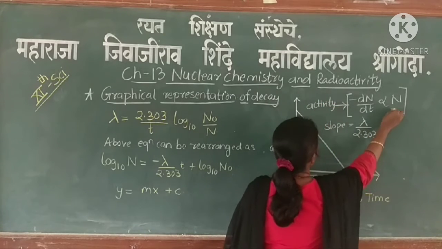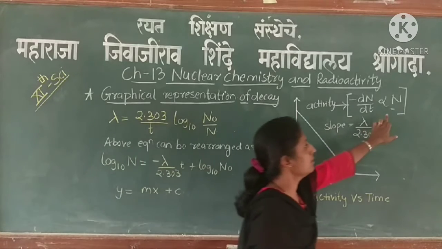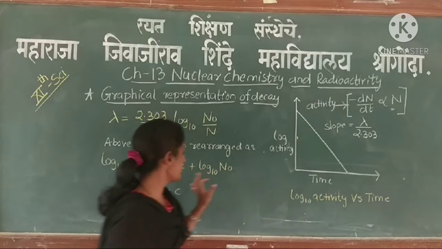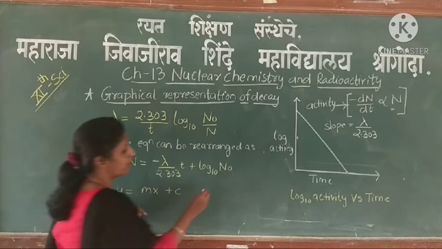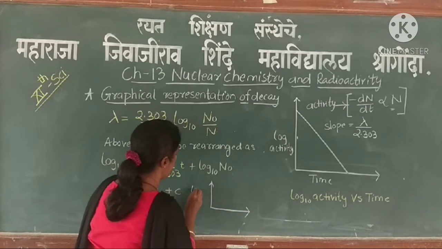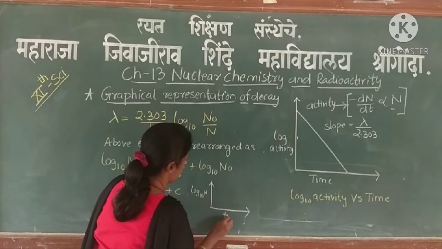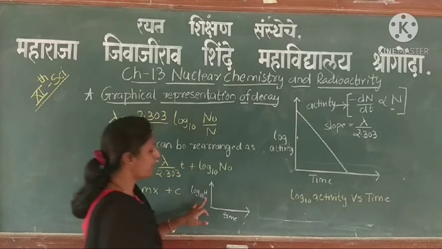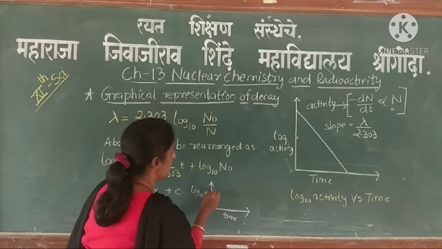So if you plot the graph of log of N to the base 10 versus time, you will get a straight line.